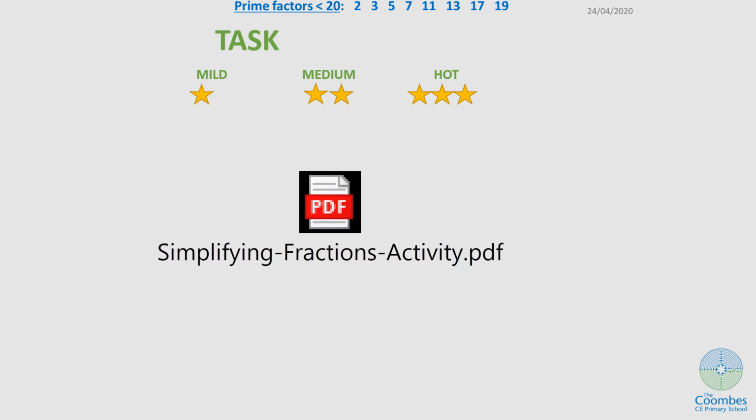Now for the mild, the work is on the first page, page 1, and then the answers are on the second page. For the medium, the work is on the third page and the answers are on the fourth. And for the hot, the work is on the 5th page and the answers are on the 6th.